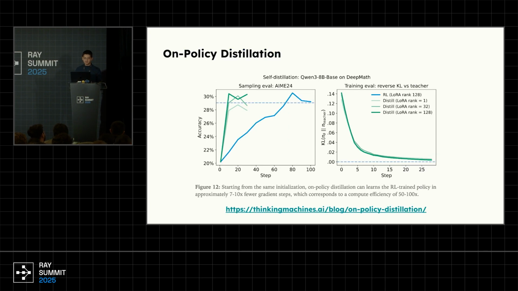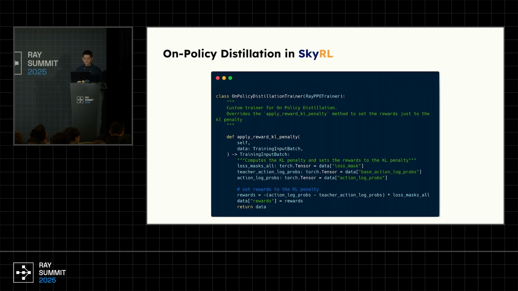Okay, I also want to talk about this recent blog post from Thinking Machines on on-policy distillation. And the core idea here is that with on-policy distillation, you're able to achieve much faster convergence while training a small model on the task compared to RL. And it's actually pretty simple to implement this in SkyRL.